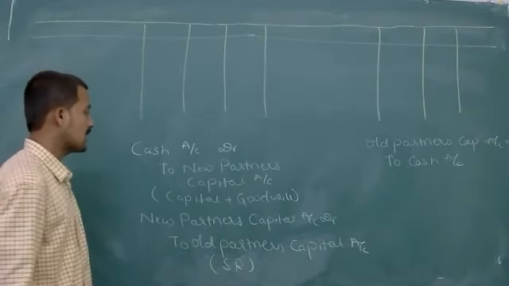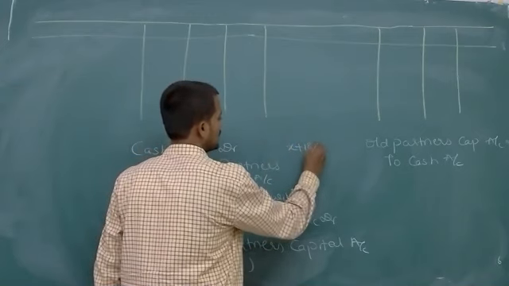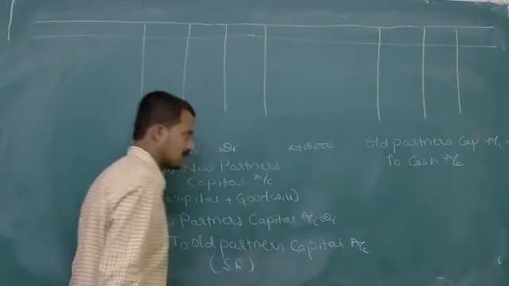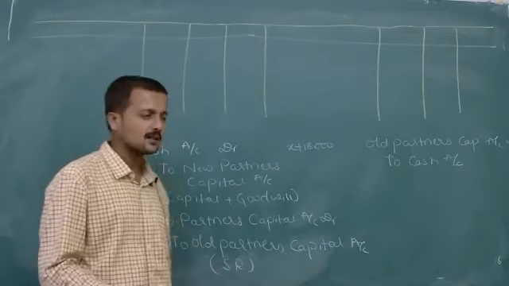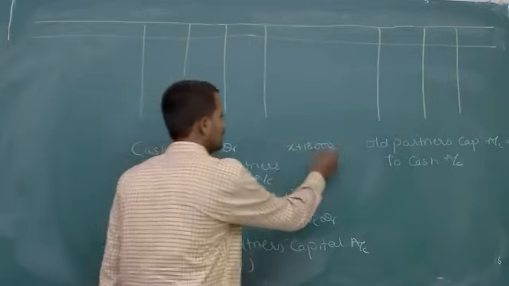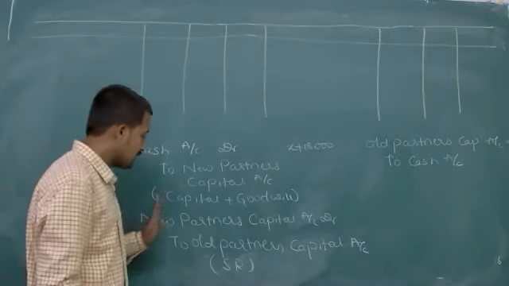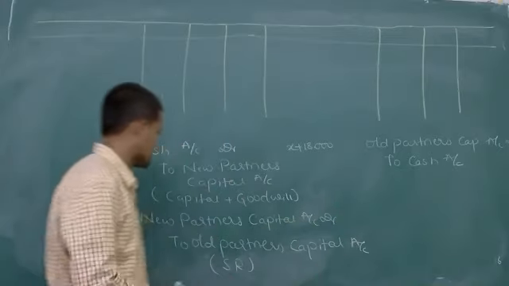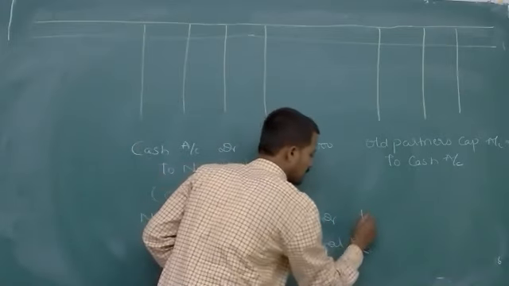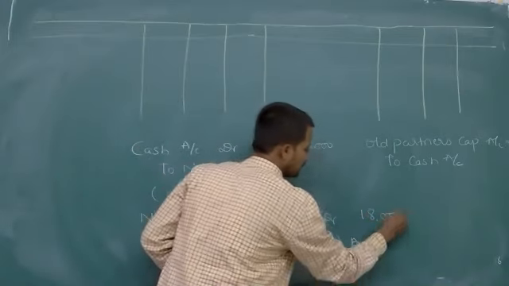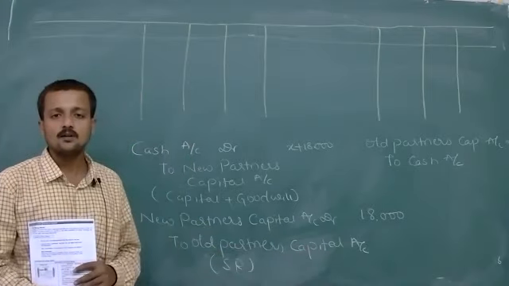In this, assume his capital amount is X plus 18,000 together. If it is 40, it will be 58,000, whatever amount it is. Later, we need to remove this 18,000 from this: new partner's capital account debit 18,000 to old partners' capital account.